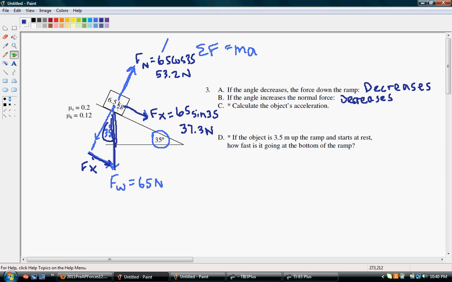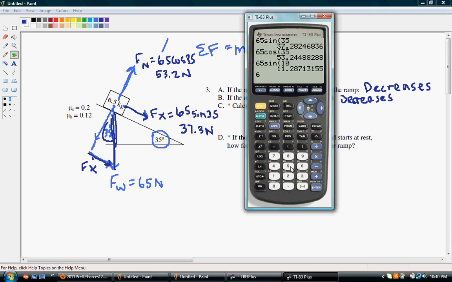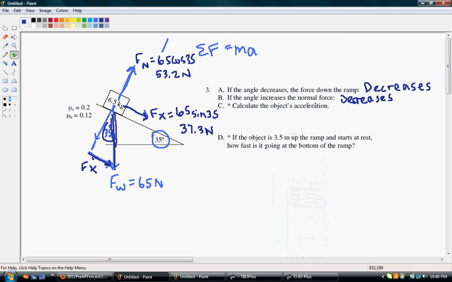So let's take the angle from 35 to 50. Calculate 65 cosine 50 for our normal force. Notice that our normal force is now smaller, 41.8, compared to before. So as the angle increases, the normal force gets smaller and smaller.